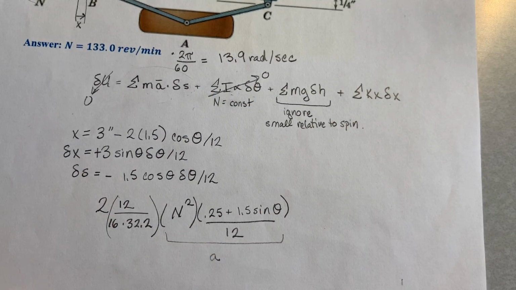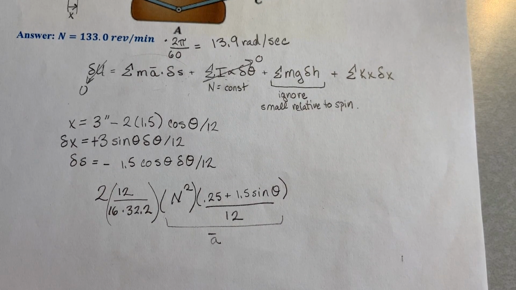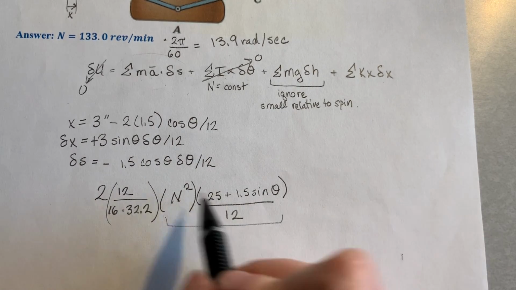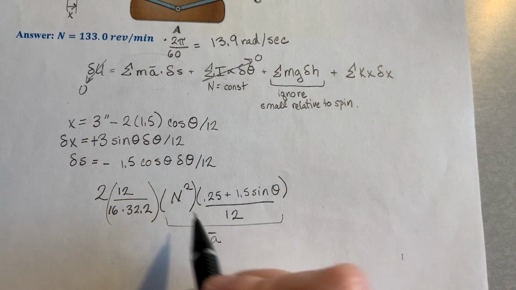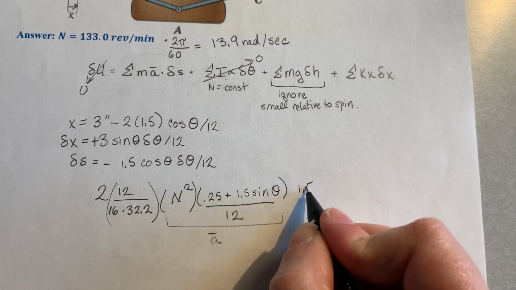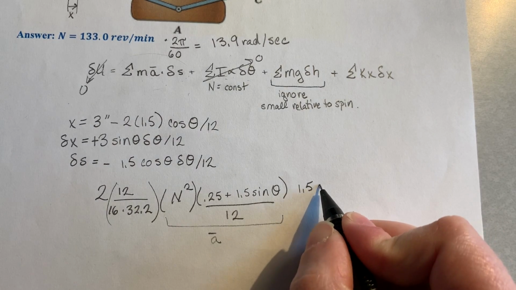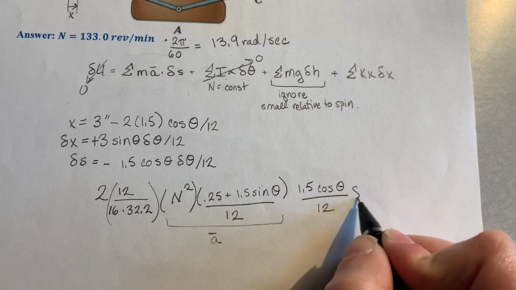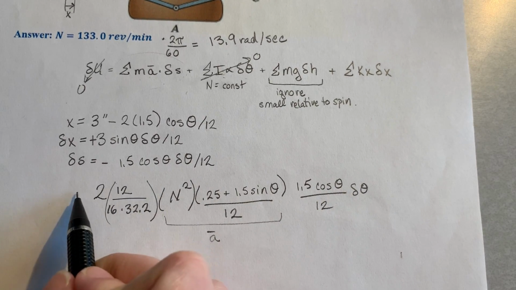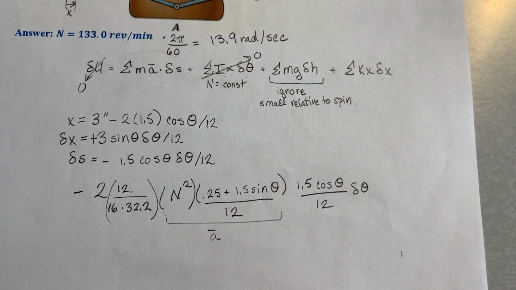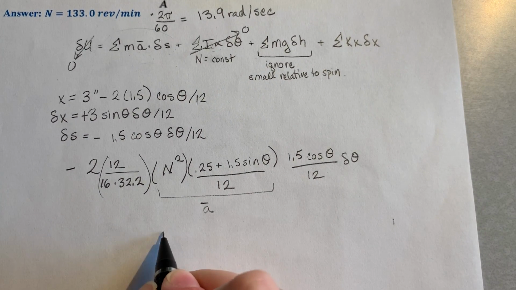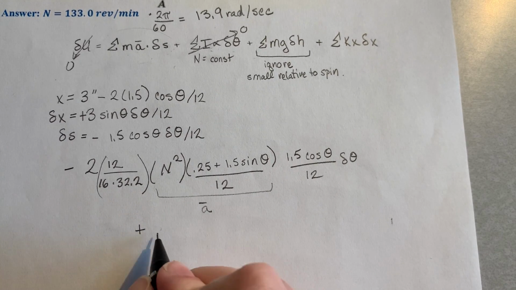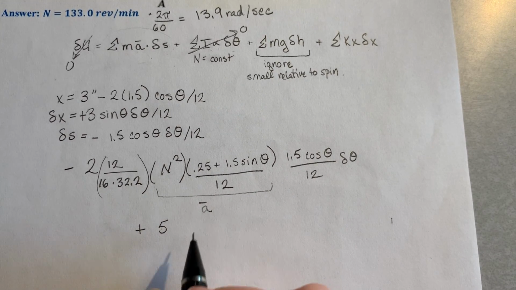Here we go. And we need this ds term, and so that is 1.5 cosine theta over 12 d theta, and we won't forget the negative sign, we'll put that here. Okay, and all of that plus our spring stiffness, which is 5 pounds per inch.